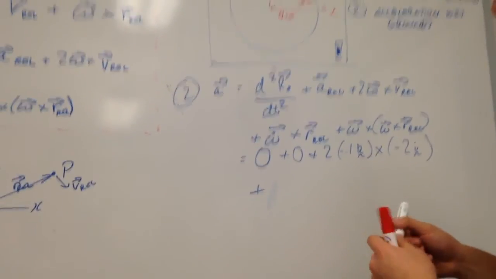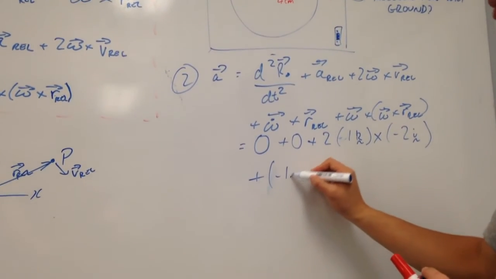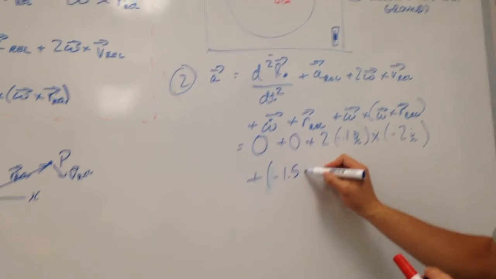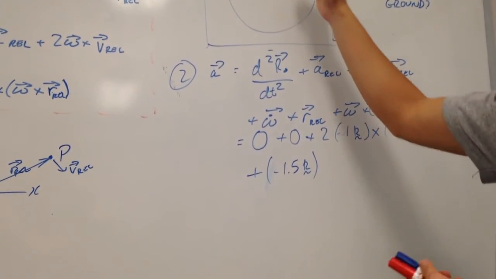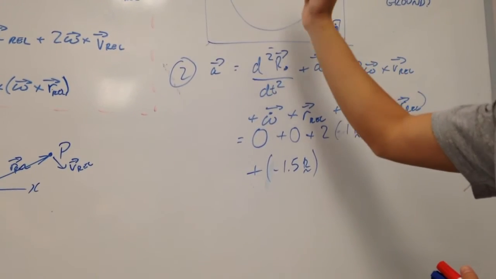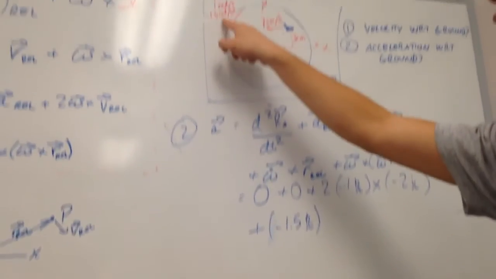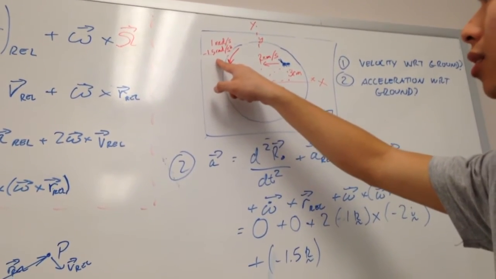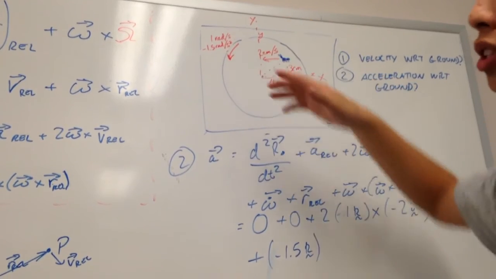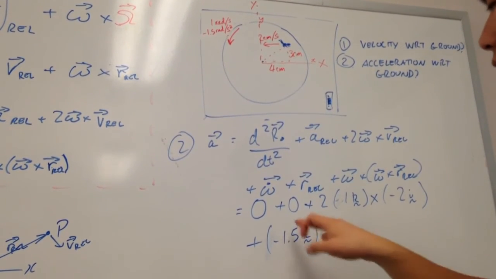So that's -1.5. Okay? Because we know that the z-axis is out of the page because x cross y is equal to z. And if it's slowing down, then it's actually accelerating at 1.5 radians per second squared into the page, which is in the negative z direction. That's why that's -1.5. So that's that.